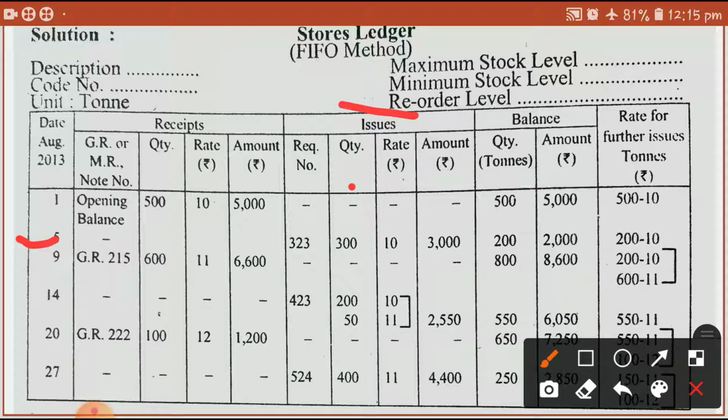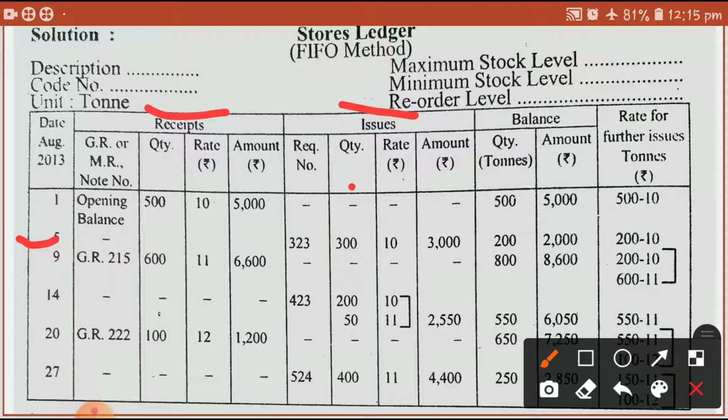We have three separations actually. One is receipt. While you are receiving stock or material, you write it on the receipt side, and if you are issuing, you keep the receipt side blank and enter it in the issue column. Balance will be maintained at the end, after every date.